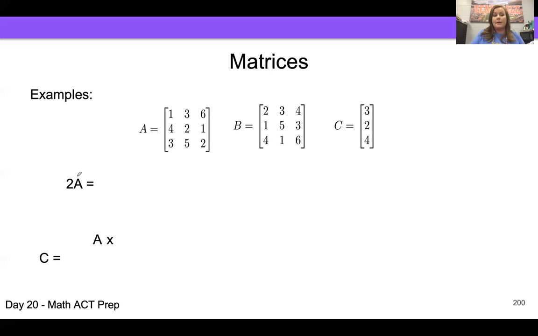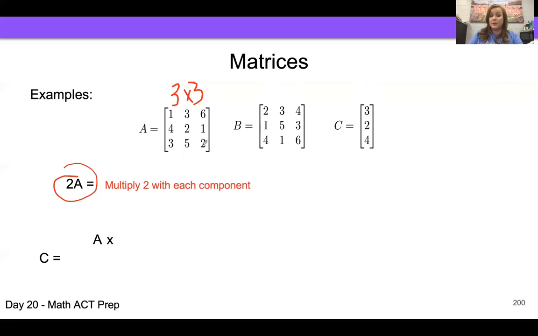Now doing a 2 times A, this is really, really easy. If we have A, again, it's a 3 by 3. The result is going to still be a 3 by 3. All you're going to do is take each one of these terms and multiply them by 2. Every single one.